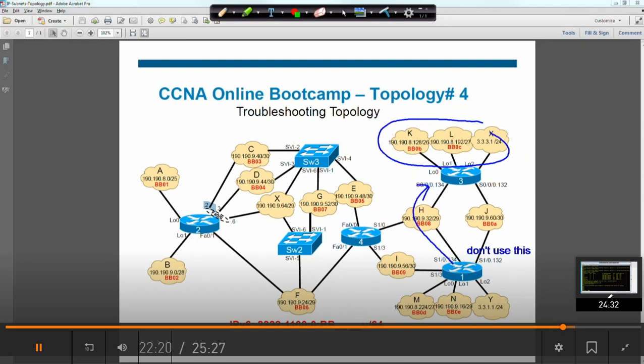Okay, so Asif has an idea of, on serial 1/0.134, lowering the bandwidth to make it the more preferred interface. Everybody agree with that? I mean, that would work. That would accomplish what we want.